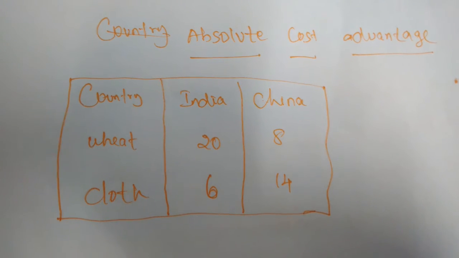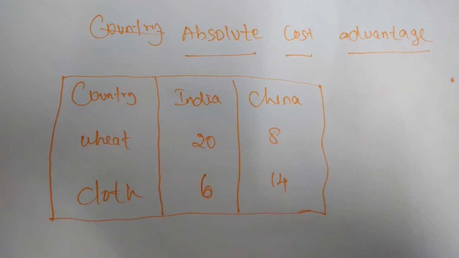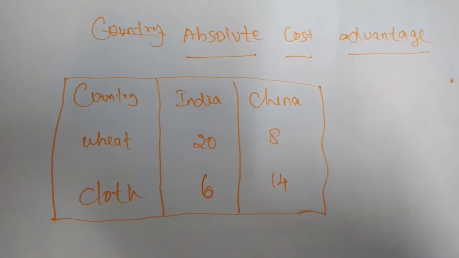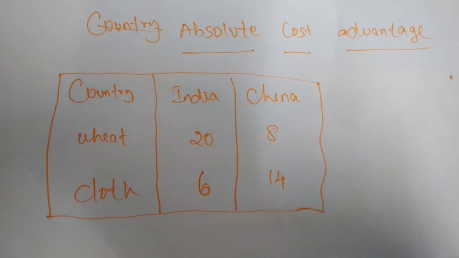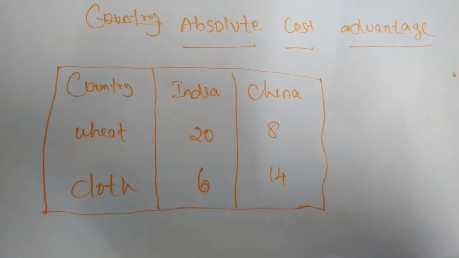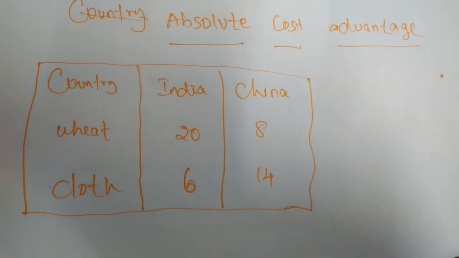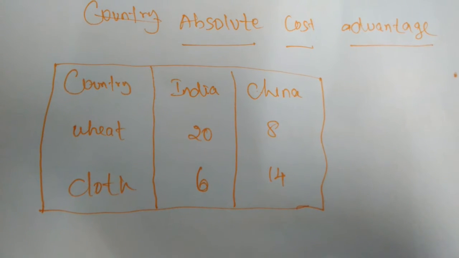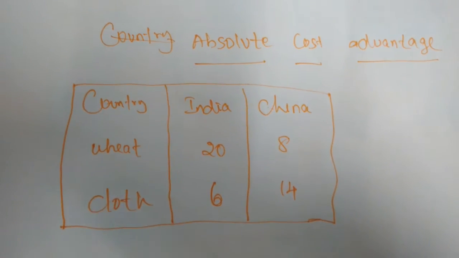India can produce 20 units of wheat, China produces 8 units of wheat using one labor. Similarly, India can produce 6 units of cloth per unit of labor, and China can produce 14 units of cloth per unit of labor.